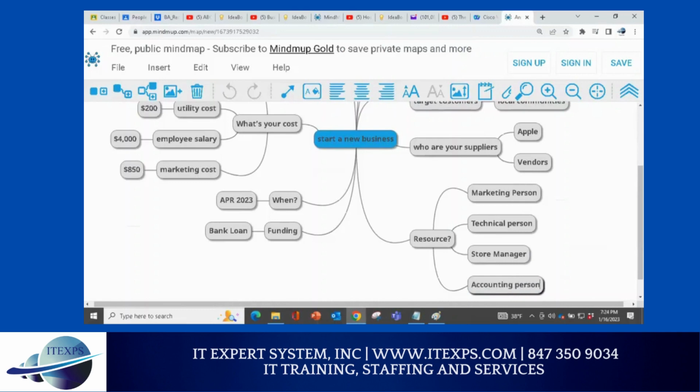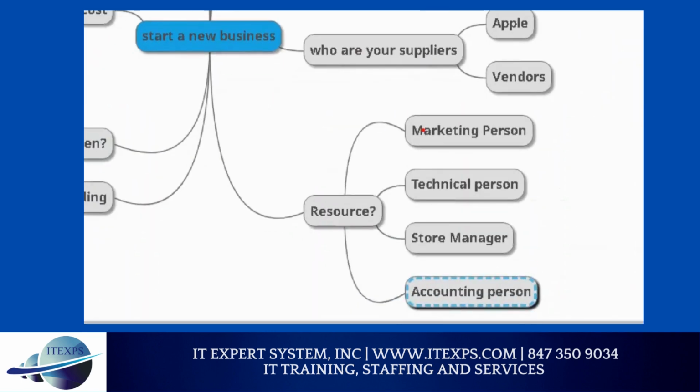So you can see here you have resources. Now please understand, after you do insert child, you just press 2 time enters, and you get a sibling. Sibling means they are on the same level.